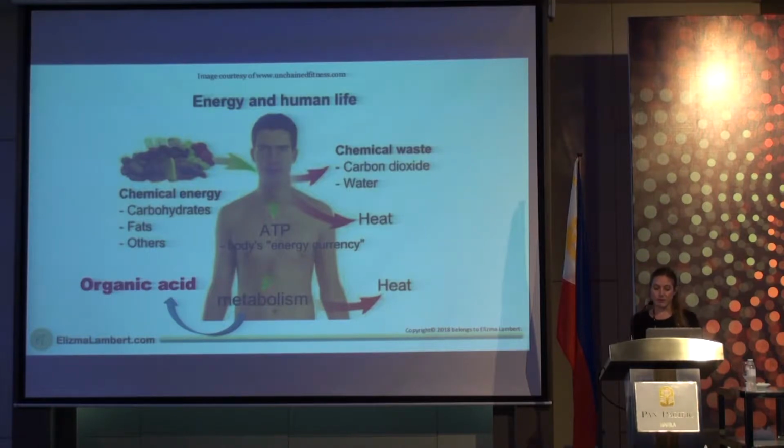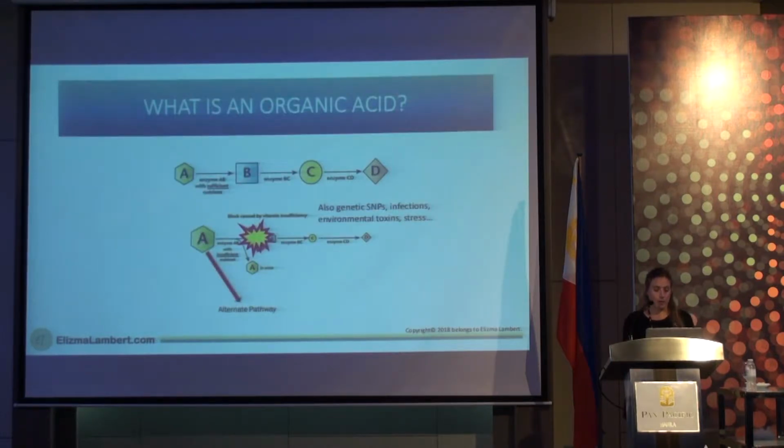In other words, it's the food that we eat that is metabolized into smaller compounds that then undergo oxidation, where these chemical bonds are broken down, and then energy is released from our food. So along the way, we have all of these other metabolites that are produced, and that then gets dumped into the urine. And that is what we measure.